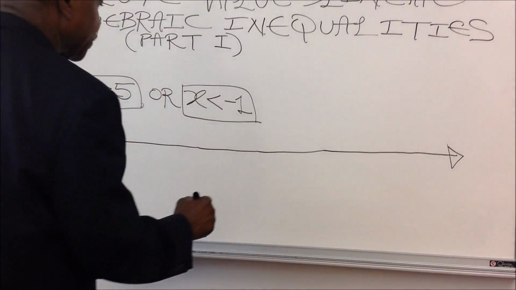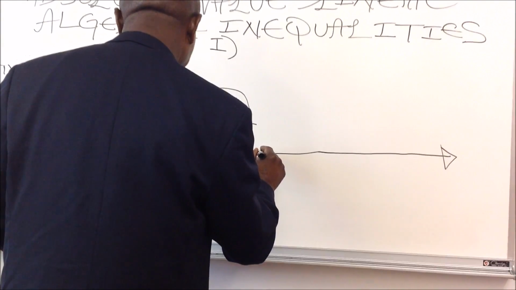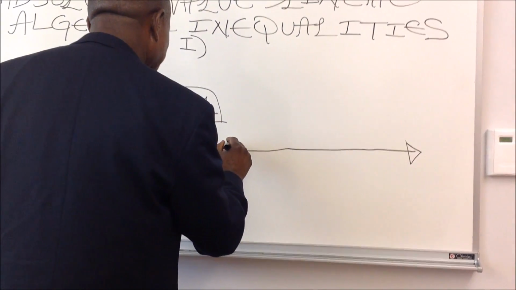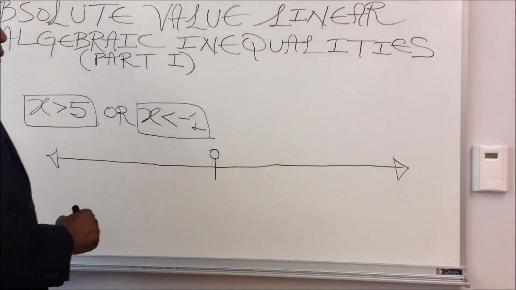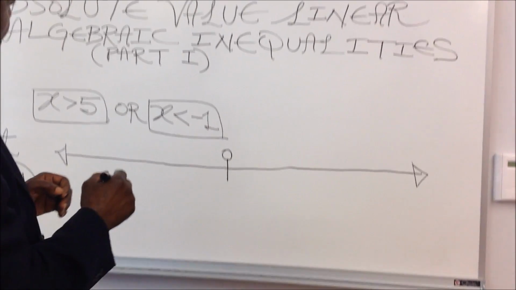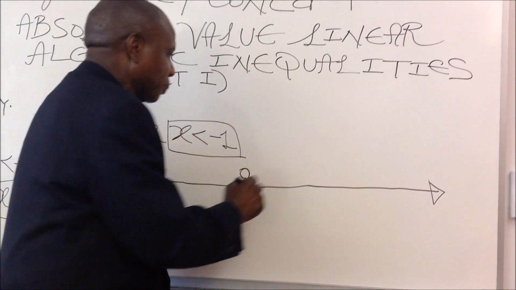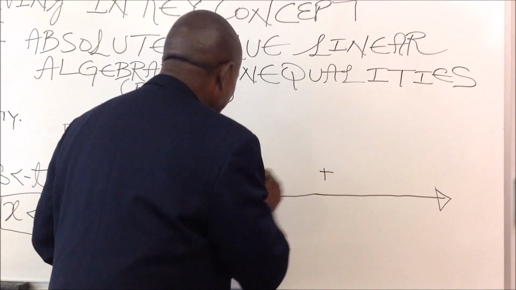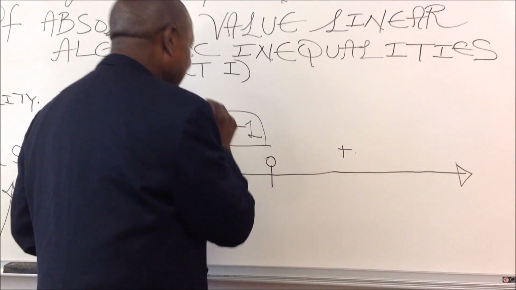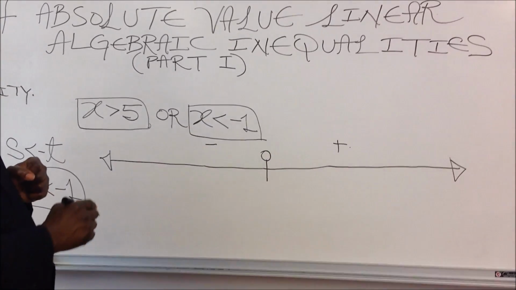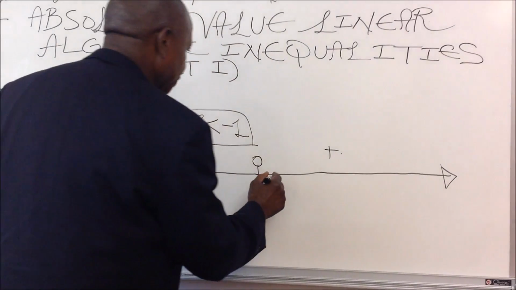Notice the famous number 0 is a number that is right at the middle of what we call the positive numbers and the negative numbers. Positive numbers to the right, negative numbers to the left. So let us go ahead and pick some numbers here.